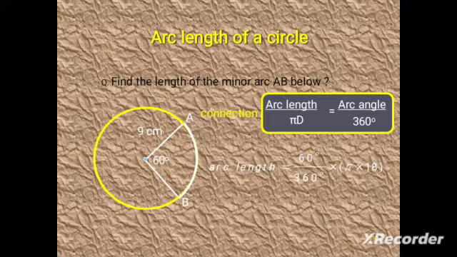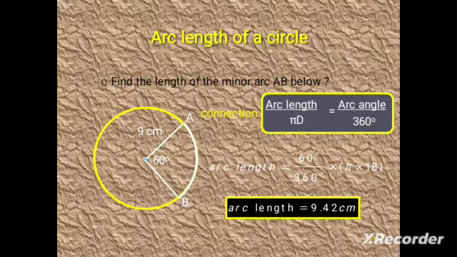So we have the length of this arc to be 60 degrees over 360 degrees from the formula, times pi times the diameter, that is 9 times 2, being 18. And the arc length is 9.42 centimeter.